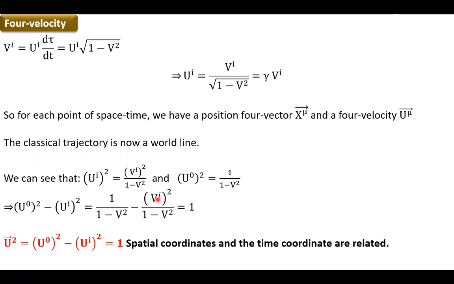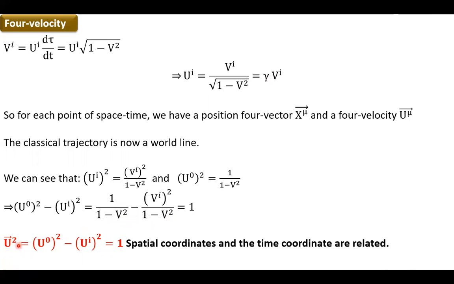Vi squared is v1 squared plus vx squared plus vy squared plus vz squared, so it's v squared, the 3D v. So it's 1 minus v squared over 1 minus v squared, which is equal to 1.